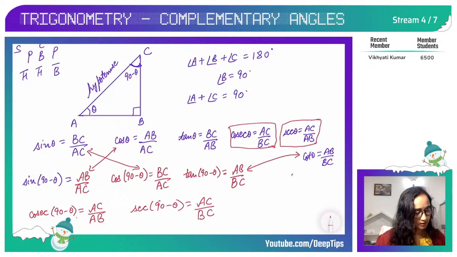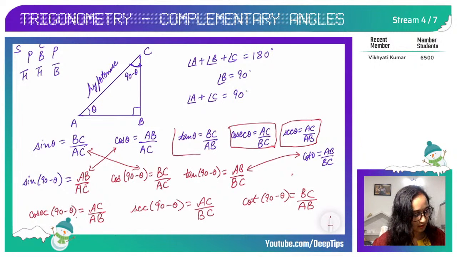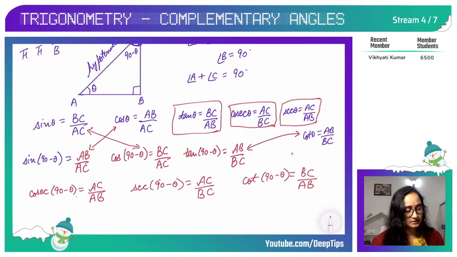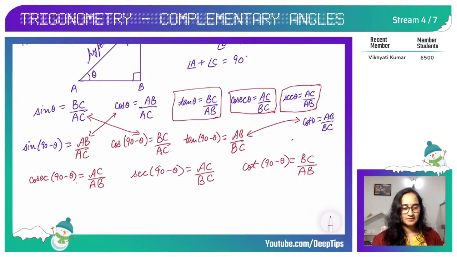And the last one, that is cot 90 minus theta, which is the reciprocal of tan 90 minus theta. So this is equal to BC by AB, which is the same as tan theta. So we have derived the relationship of all the complementary angles. So now I can write my results because I have proved them here.